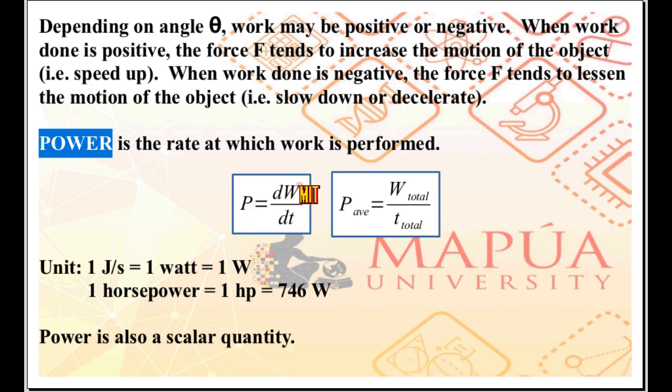Work is in joules, time is in seconds, so the unit for power is joules per second. This is given its own unit, watt, capital W. We have another unit for power, horsepower, typically used with machines. 1 horsepower, HP, is equivalent to 746 watts.